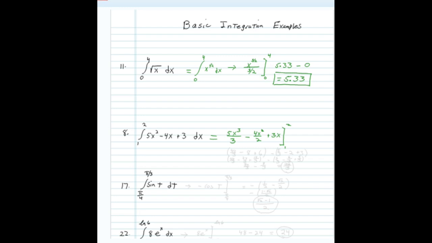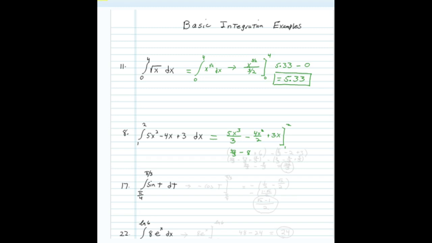Okay, so now we can evaluate this. We have 2 in for x, so 2 cubed is 8. 8 times 5 is 40. 40 divided by 3. So we have 40 over 3 minus. Here we have, plug in 2 for x, we get 2 squared is 4. 4 times 4 is 16. 16 over 2 is 8.